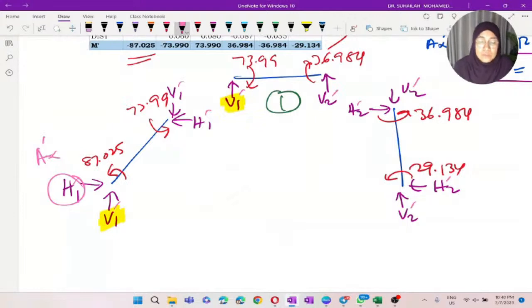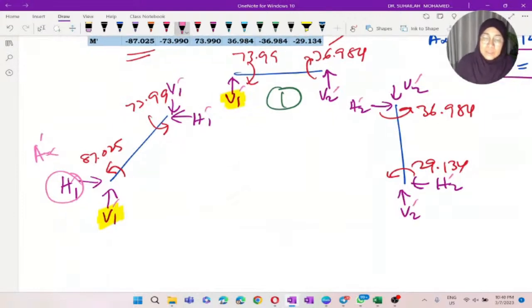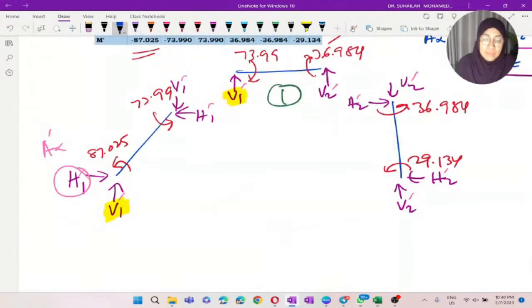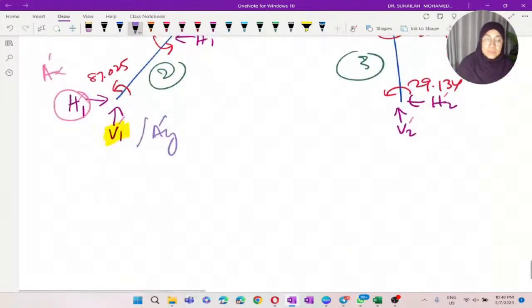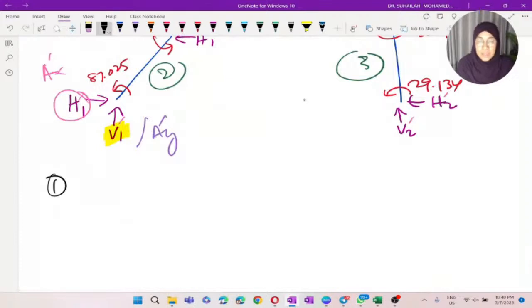This is step number 2 and step number 3. In step number 1, we calculate V1, which is equivalent to AY prime. So in step number 1, we calculate member BC.